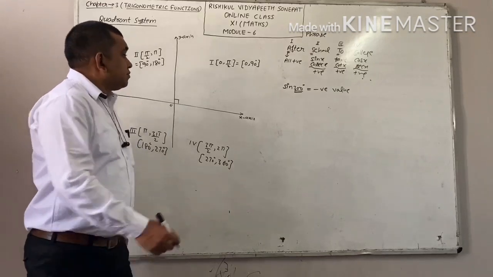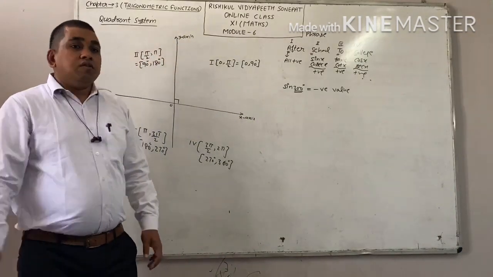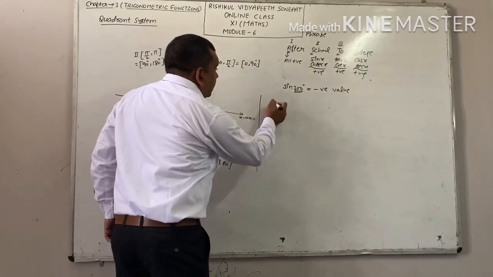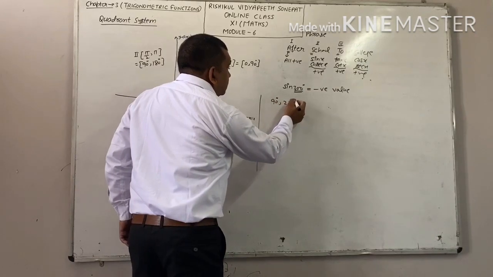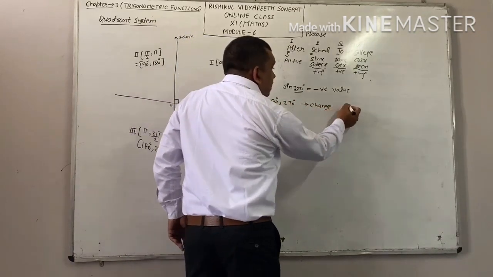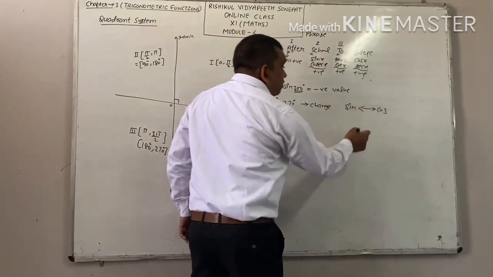Now see, you have to remember two things also. When 90 degrees and 270 degrees come, then you will change. Change means sine will be converted into cos, and cos will convert into sine.